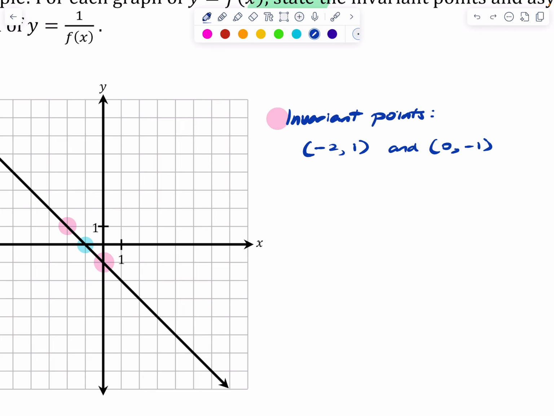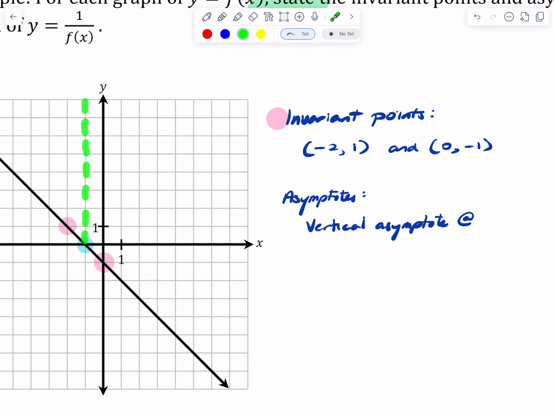So for asymptotes, we can note there will be a vertical asymptote at this particular spot, and it's going to make a vertical line go through right there. The equation of that vertical line, it's a line where x is the same the entire time. It's when x equals -1.